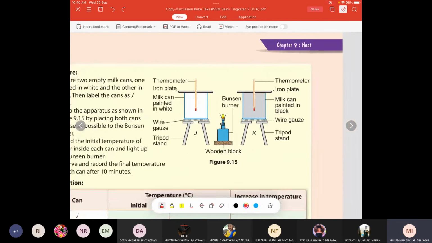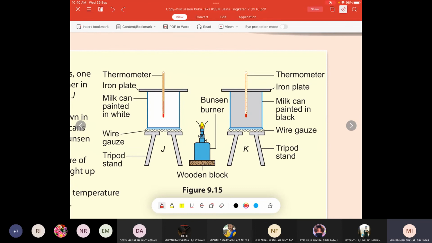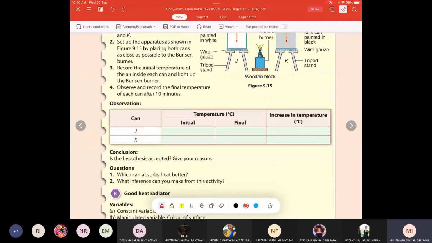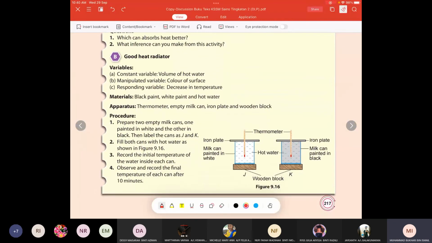From this experiment, we are supposed to find that the temperature of the milk can painted black is higher because it absorbs heat better than the white milk can. So that is the conclusion for this experiment. We can only see this in the lab, but now we just learned the theory of the experiment.